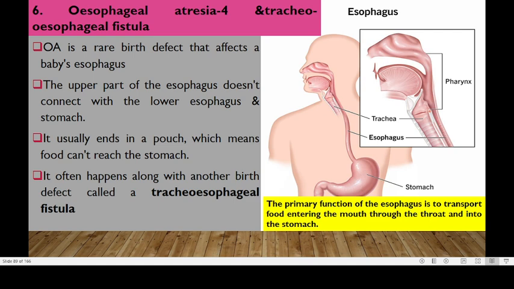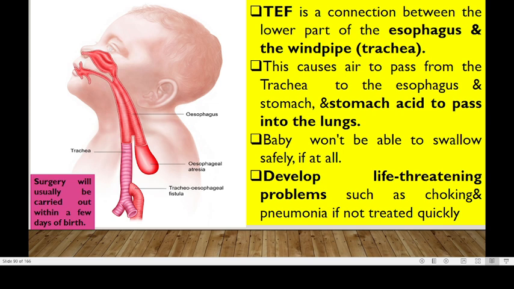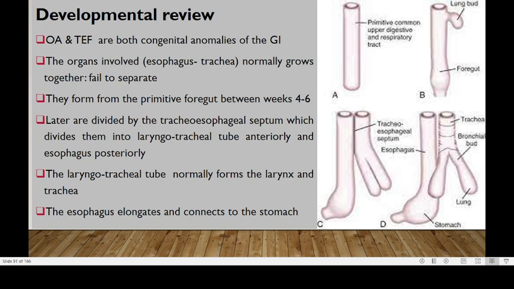It often happens along with another birth defect, and that is tracheoesophageal fistula, an abnormal connection between the esophagus and the trachea. The connection part is the one that can develop into life-threatening problems such as choking and pneumonia if not treated quickly.